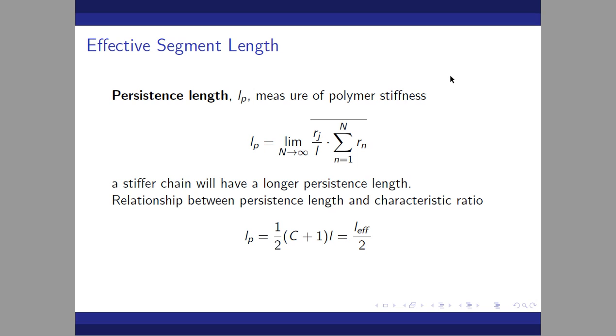Okay, so next is the persistent length, LP, which measures the polymer stiffness. LP equal to this equation, or in terms of the characteristic ratio, LP equal to L effective over 2. So how stiff is the polymer?